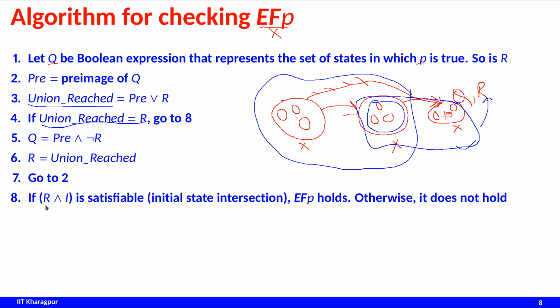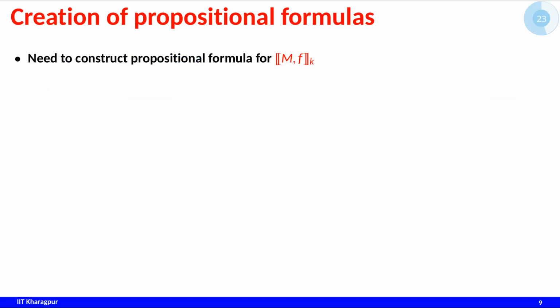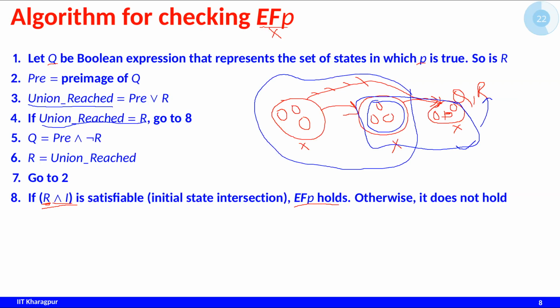So here we need to take the set of states in which EFP is true and the initial state, and if this condition is satisfiable, then we can say that EFP is true. We can find the set of states in which EFP is true, otherwise it does not hold on any one of those states. So this is the generic idea for symbolic model checking.